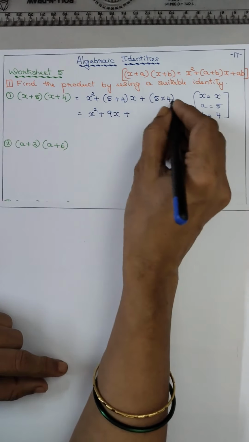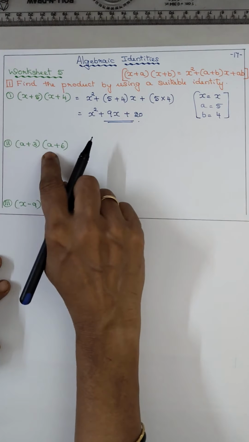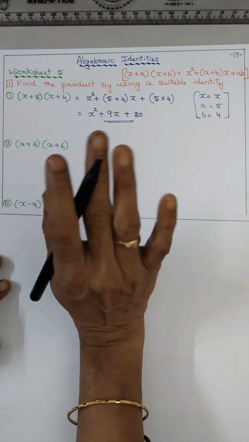Now coming to the second question, (a + 3)(a + 6). First terms are same, the second terms are different. So here x is equal to a, a is equal to 3, b is equal to 6.